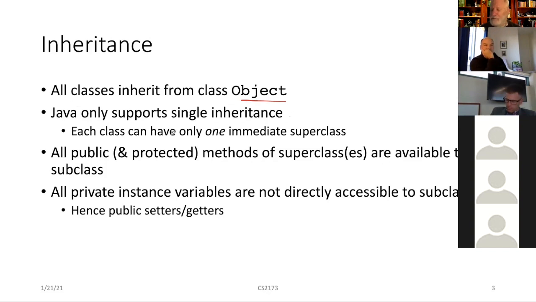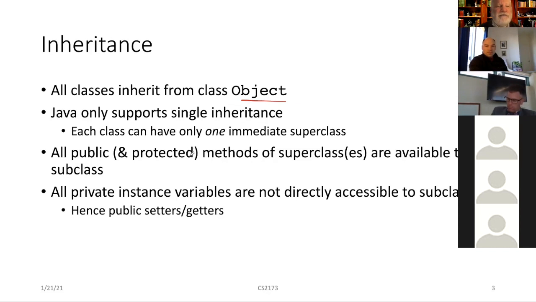You don't have to worry about it because we're not dealing with them, but just know that there are other languages that allow you to have more than one immediate superclass. So if I had a particular class, it could be a dessert topping and a floor wax.